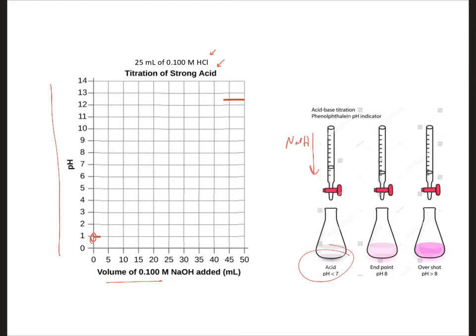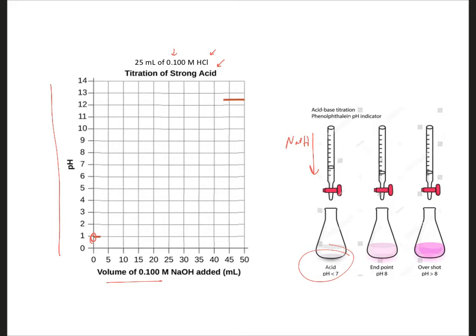We have complete ionization, so it's going to be related to the concentration of H's that are released in solution, so it's a matter of looking at the concentration of HCl. So that's how we end up with our first point on this graph, down here in that bottom left corner with a low pH when we haven't added any sodium hydroxide.